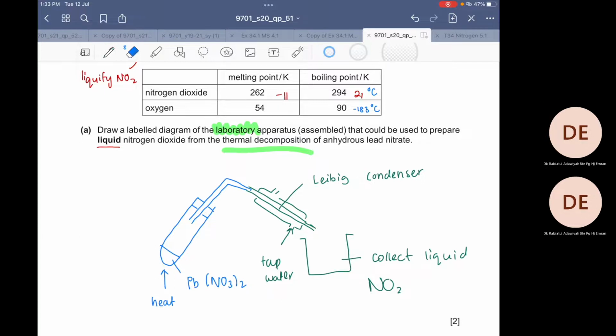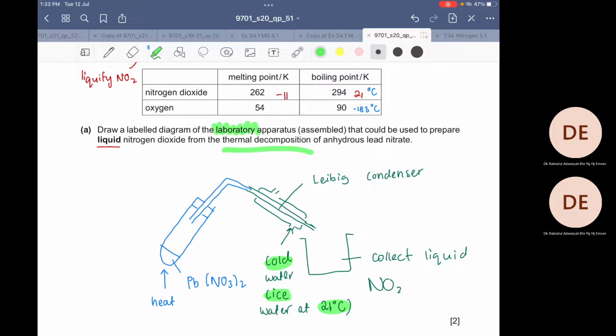Okay, so you say you will use cold water or ice water at 21 degrees Celsius. If you say tap water, your nitrogen dioxide will not be liquefied. Okay, so you must mention cold or ice at 21 degrees Celsius.